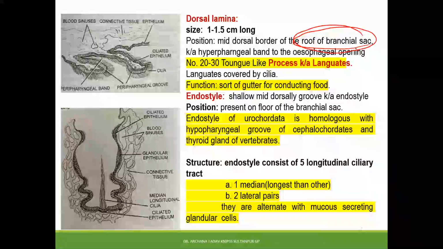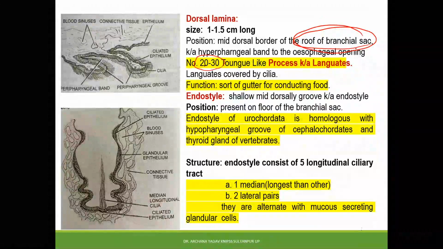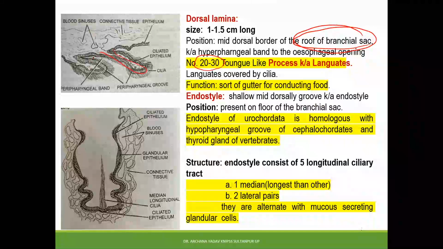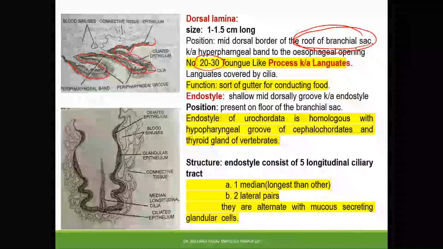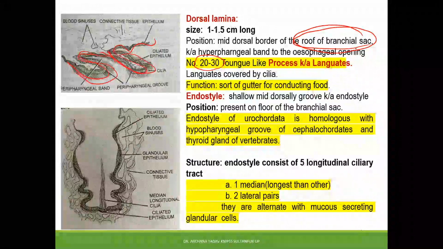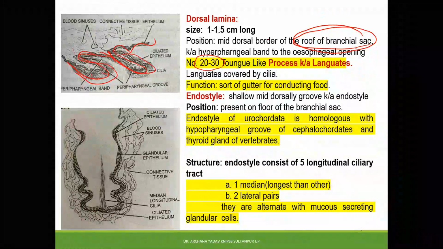It has processes, numbering 20 to 30, which are tongue-like processes known as languets, and they are ciliated. They are covered totally with cilia, and its function is to create a sort of gutter for conducting food material.